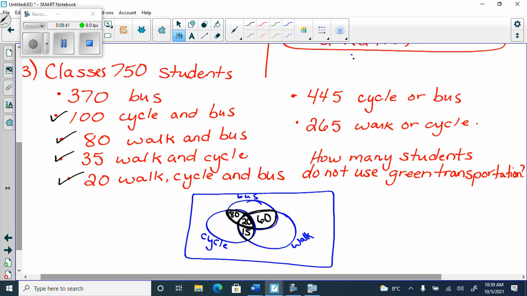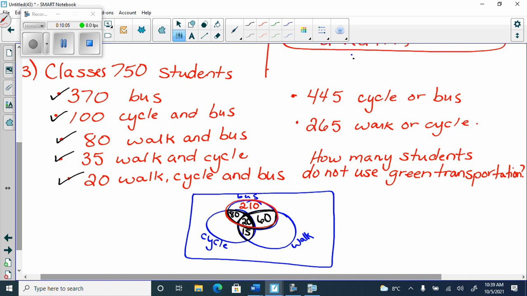So I have to go to my singles next. I should have 370 people riding bus. Currently, I have 160. So how many just ride bus? 210.